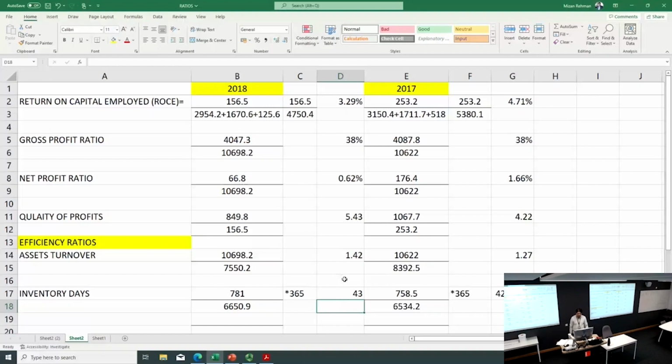That gives 43 days and 42.36978. So actually even this one is 42.86 days.